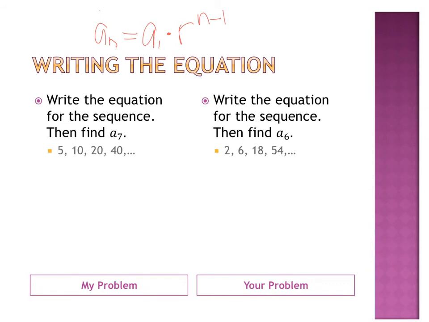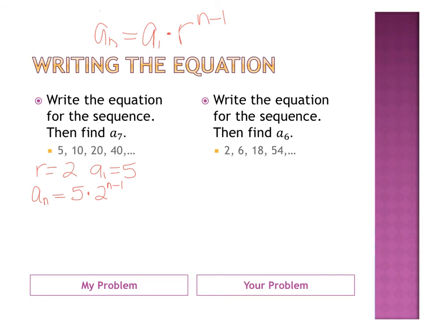Find r, and then can you write the formula for the first? Okay. So, looking at this, what's your common ratio? 2, right? We should be able to find that one just by looking at it. If you don't see it, 10 divided by 5 is 2. And what's my first term? So a1 is 5. So my rule, or the equation, is an equals 5 times 2 to the n minus 1. That's my rule.